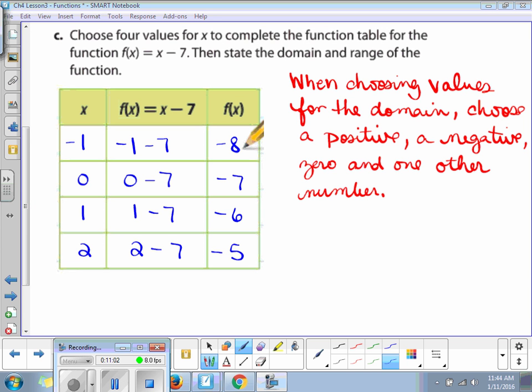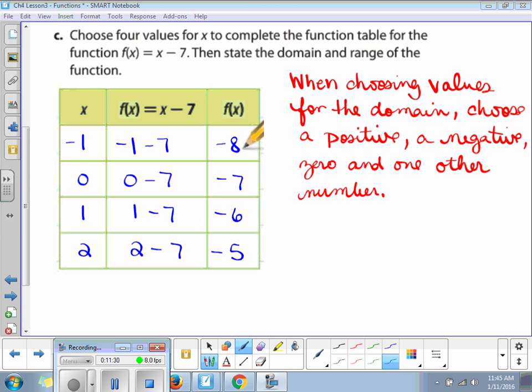Then it asks you to identify the domain and the range. How do I identify the domain and range? Is it like the x is the domain and then the y is the range? Very good. So the x values are the domain, the y values, or the f of x values, are the range.